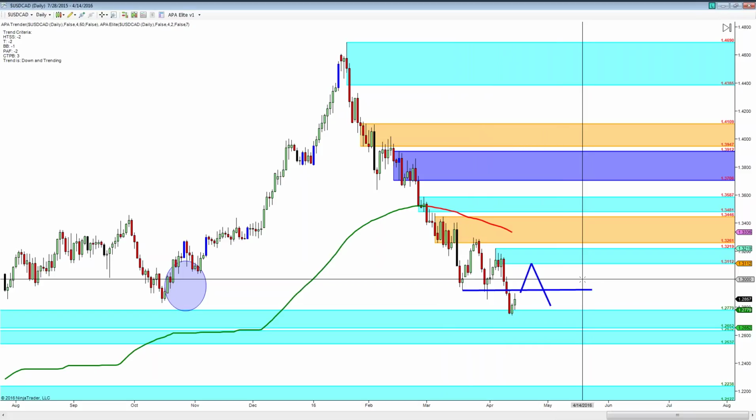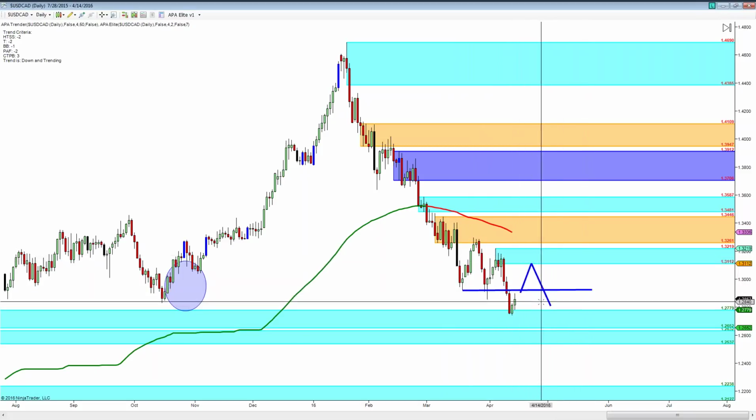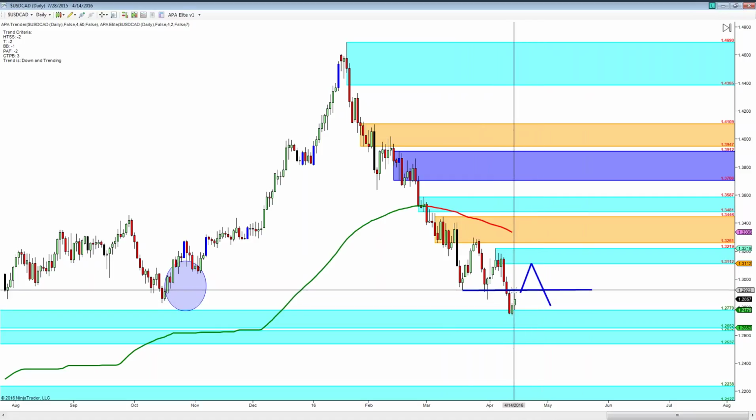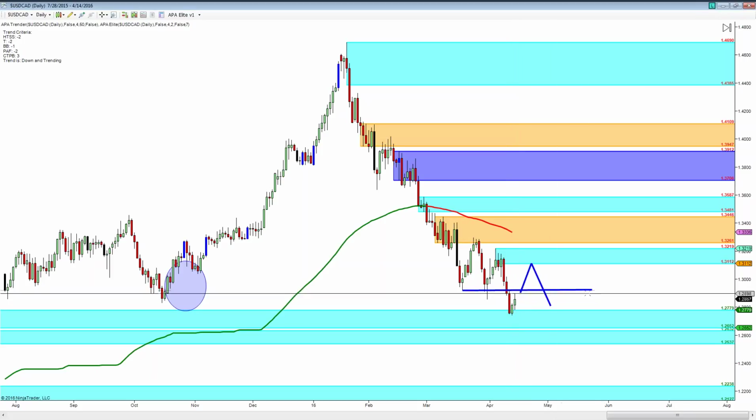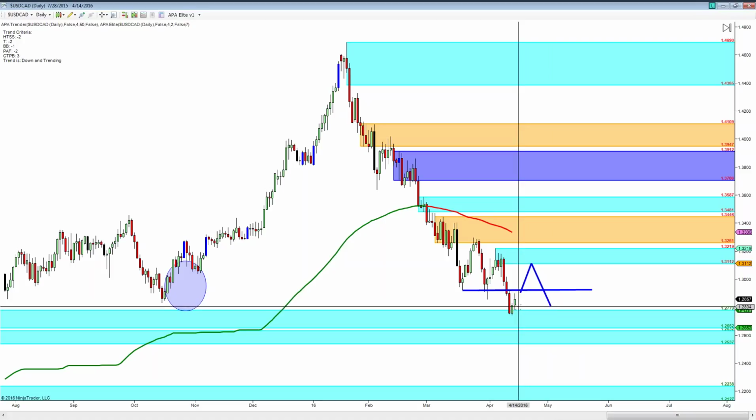Nobody knows what price is going to do, but we're just looking for the logical fractal type of play to happen. So this is very, very quick. If this is going to happen, you really got to use that entry chart well to get into something to the downside.